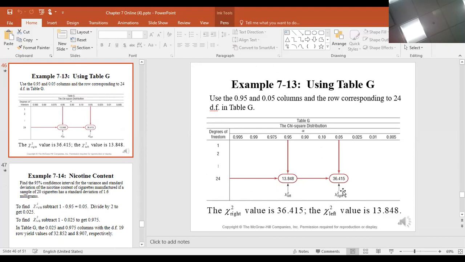So the chi-square right is 36.415, and the chi-square left is 13.848. If you can read chi-square left and chi-square right, then you can find the confidence interval for variance and standard deviation.